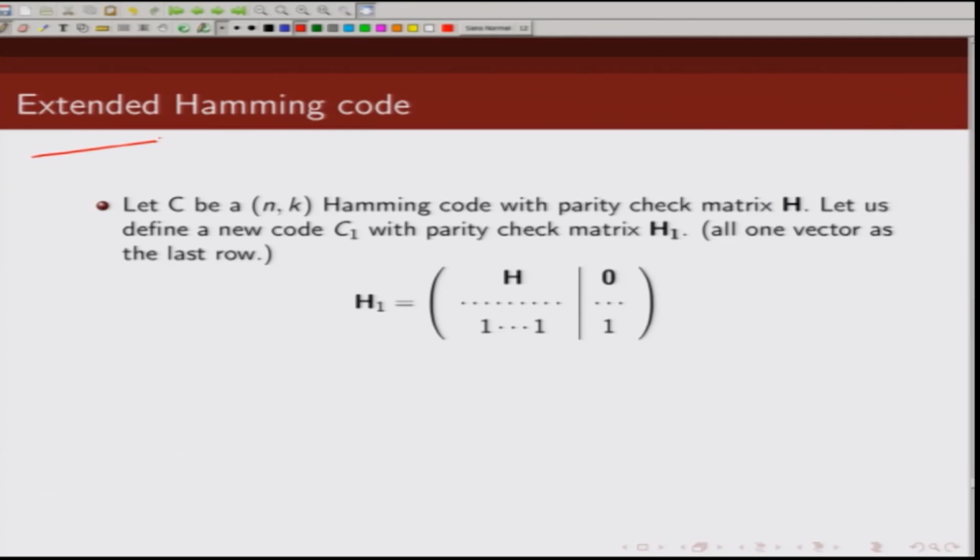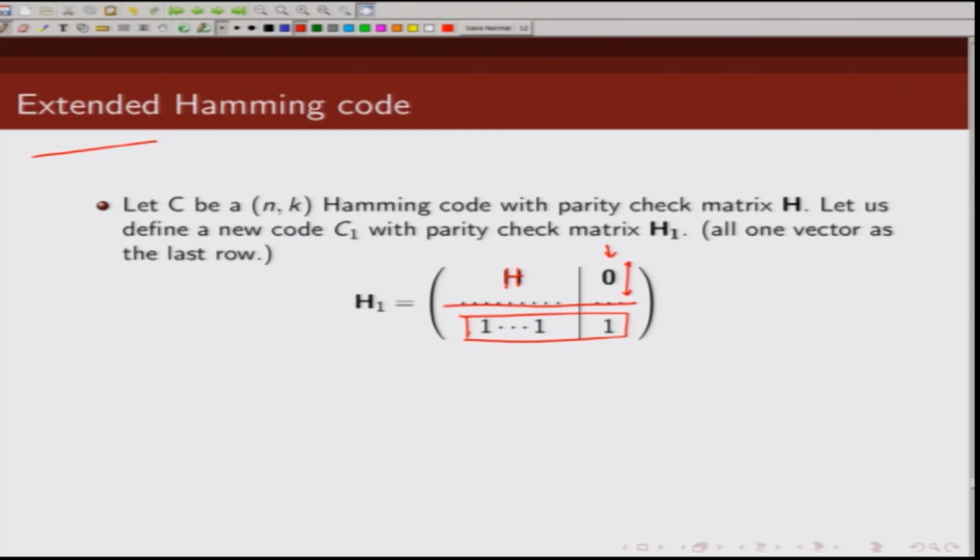So, note, this is the parity check matrix of my original Hamming code. I add an additional column which is 0 here. So, these are all 0 here, and then I add one row which is all 1.